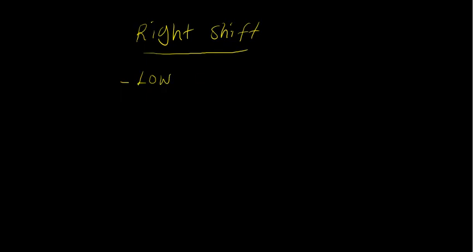So let's also now consider the factors that affect the shifting of the curve to the right. So, right shift. When you shift the curve to the right, you are going to decrease the y-axis, and that means low affinity of hemoglobin.